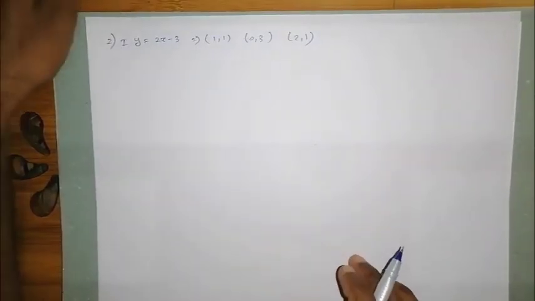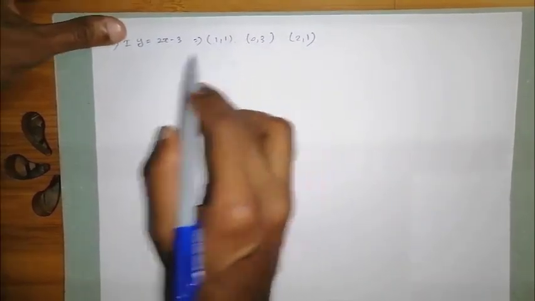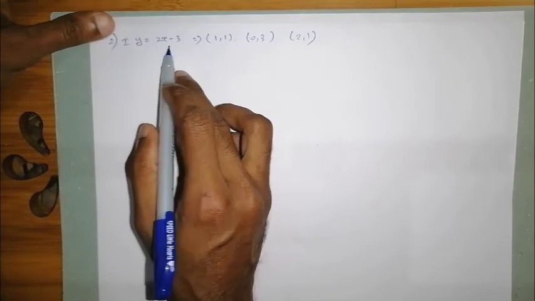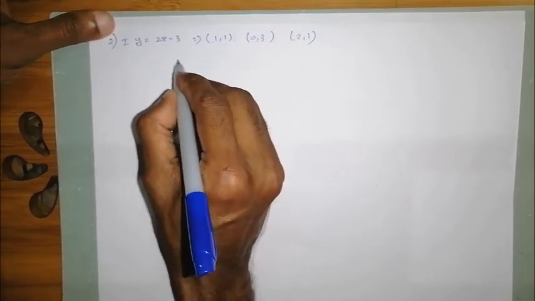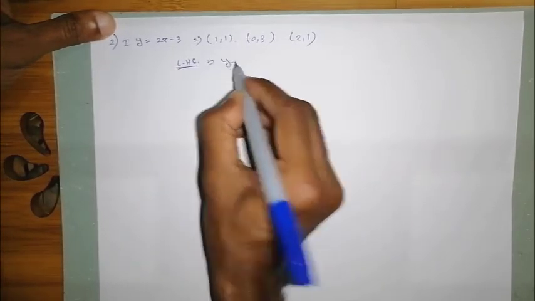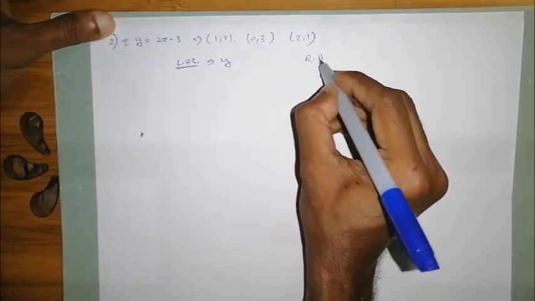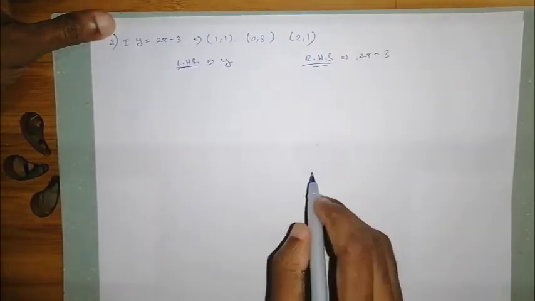So if you substitute these values for x and y, the equation is going to be satisfied. So I take the left hand side of the equation, that is y, and the right hand side of the equation, that is 2x minus 3.